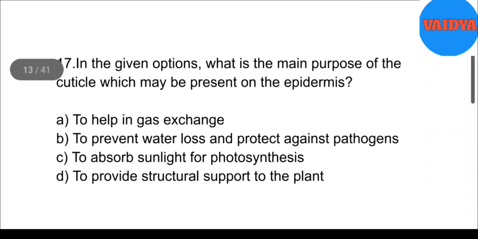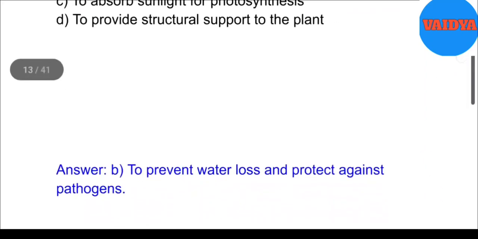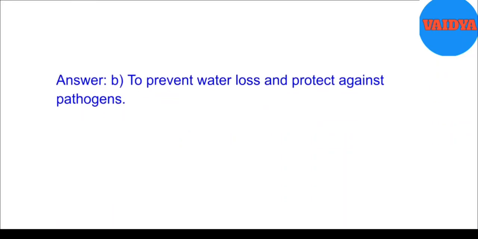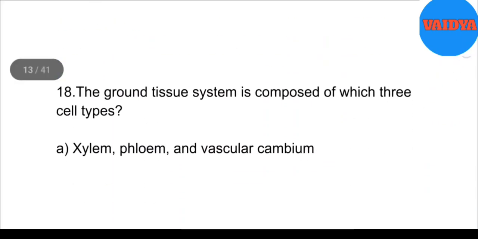17. In the given options, what is the main purpose of the cuticle which may be present on the epidermis? A. To help in gas exchange. B. To prevent water loss and protect against pathogens. C. To absorb sunlight for photosynthesis. D. To provide structural support to the plant. Answer. B. To prevent water loss and protect against pathogens. 18.